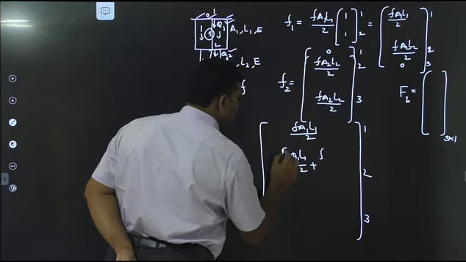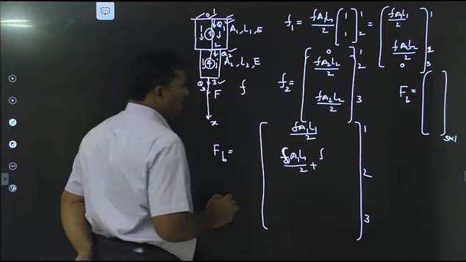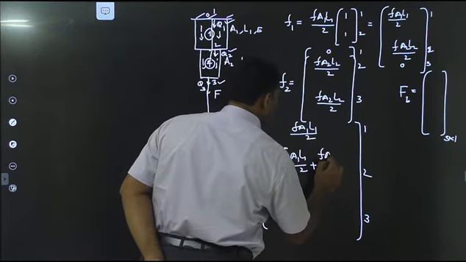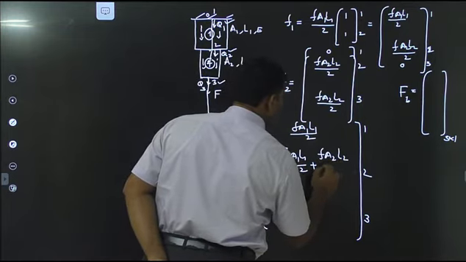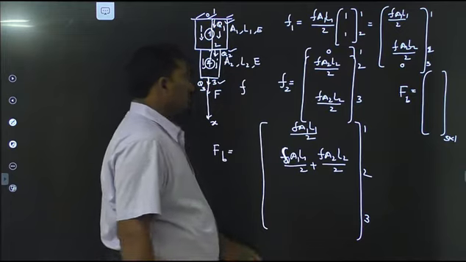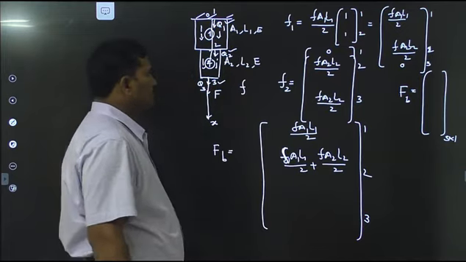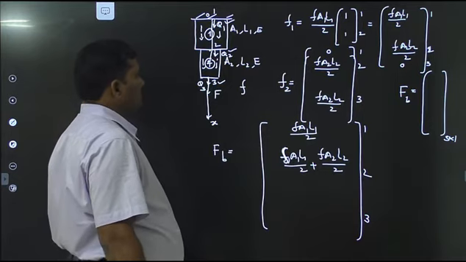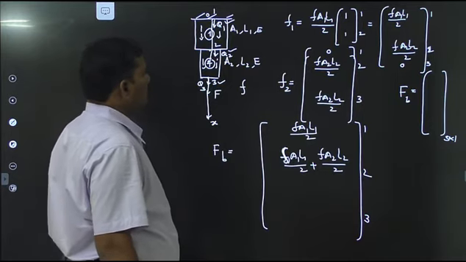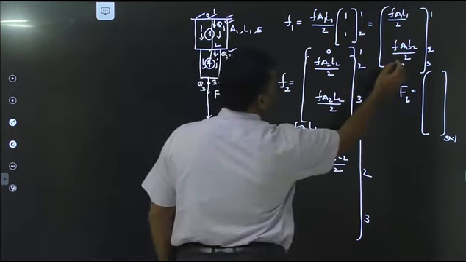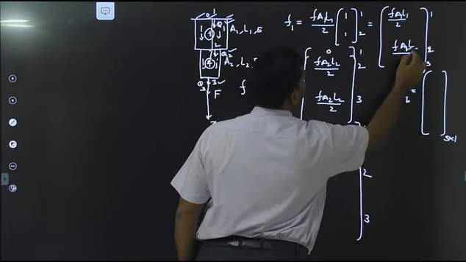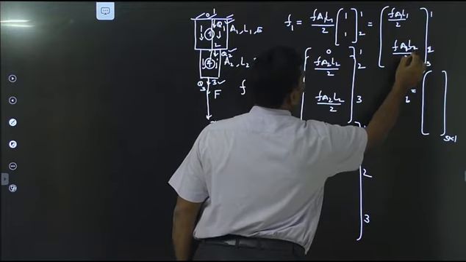It is F, not F1. F A1 L1 by 2 plus F A2 L2 by 2. Understand? Okay? You make correction here. F A1 L1. It is not L2. F A1 L1.